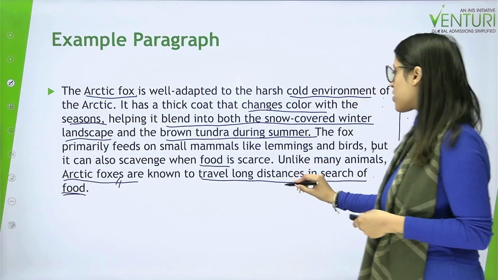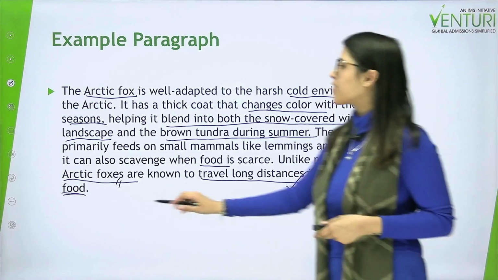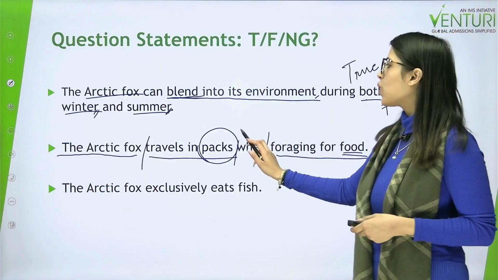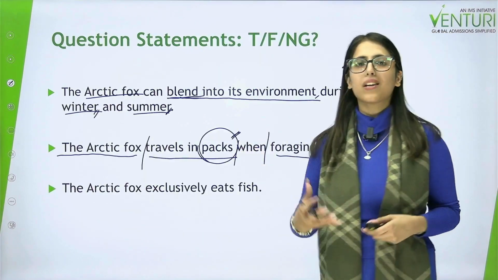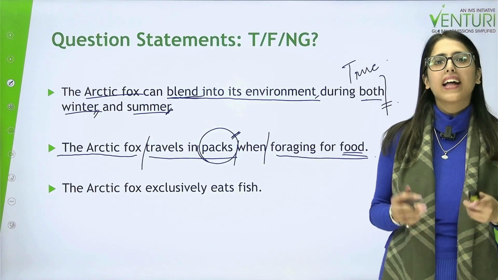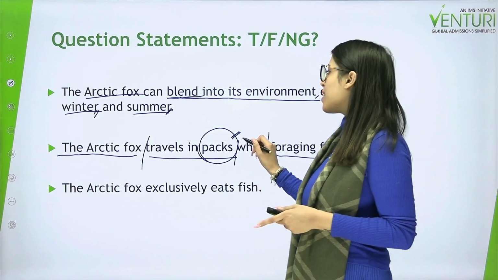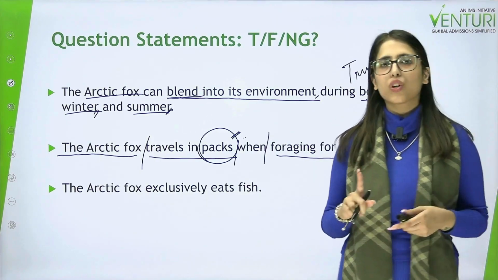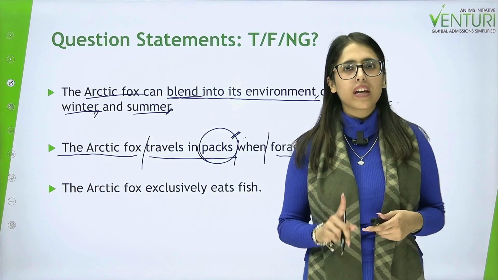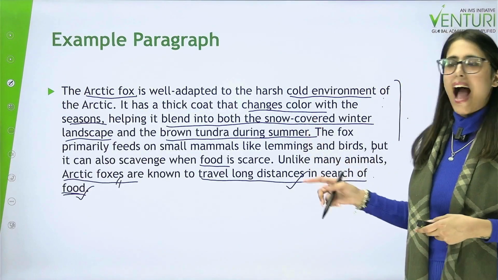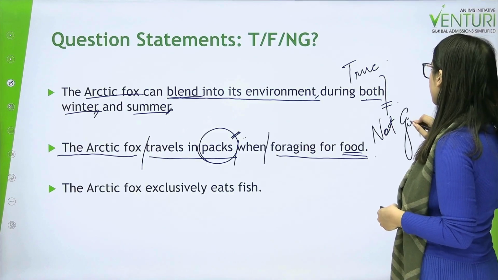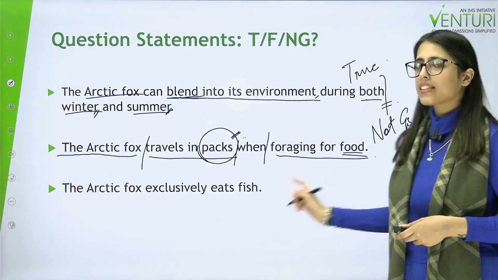Yes, fact check for long distance, fact check for search of food, but they don't tell you anything about them going in packs to get that food. And that is why, since one part or one chunk of my question statement is not in alignment with whatever the facts are saying to me through this passage, I am going to say that my answer is not given. Okay, so this is NG.